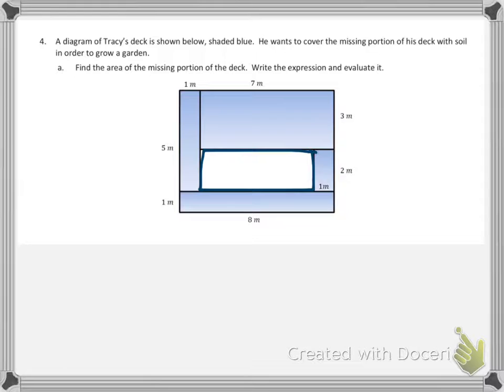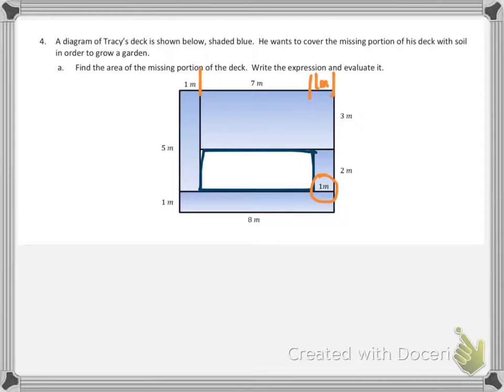Let's go here and say, well, the distance from, let's see, the distance from here to here is 7 meters, but I only want it to go to here, and I see that that's 1 meter, so this is 1 meter here.